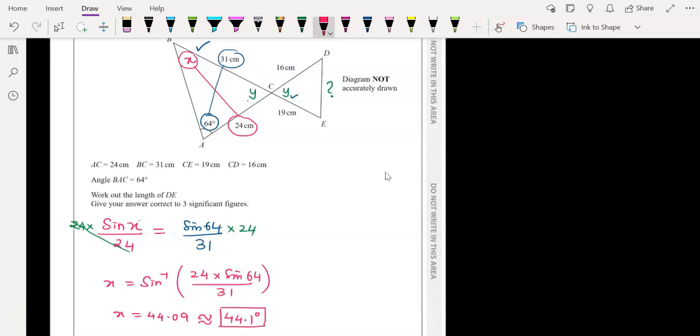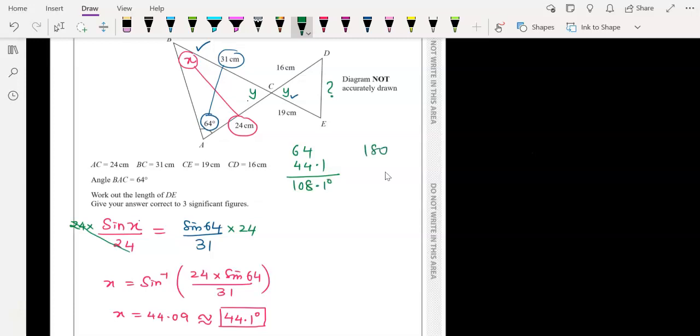Now in triangle ABC, we can use angle sum property and find the value of y. To find y, we add up the two angles. 64 plus 44.1 gives me 108.1 degrees.